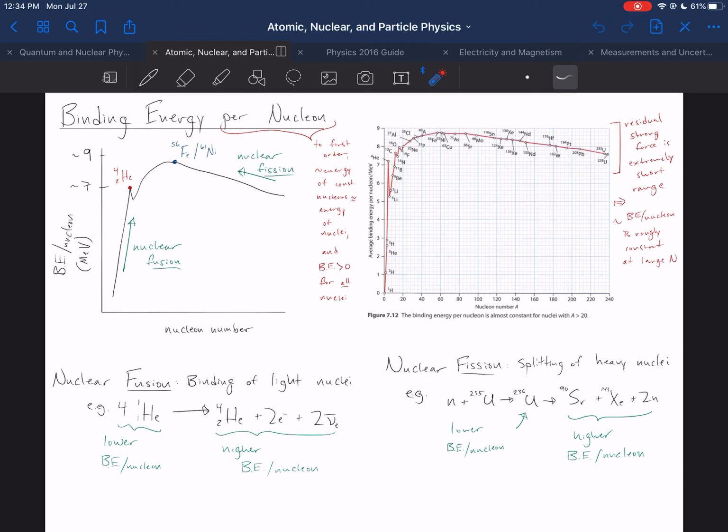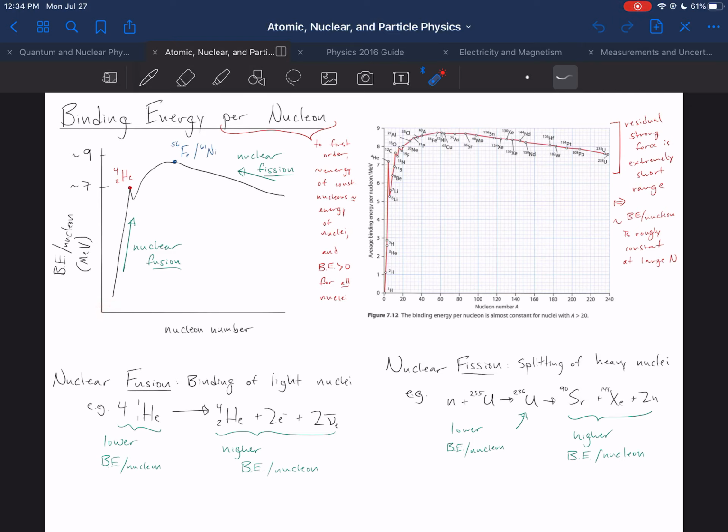And what we can see is that the curve, which you should probably be able to sketch by hand by the end of this, gives a very clear relationship with increasing nucleon number. Right at the start, at H1, the binding energy per nucleon is 0 because that is simply a single proton, so no binding energy required.